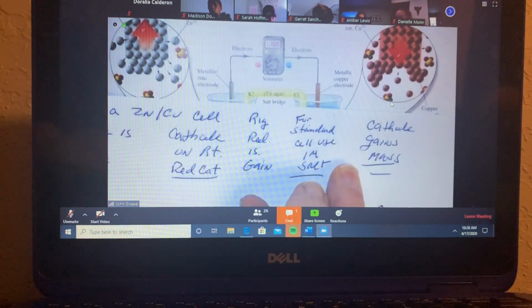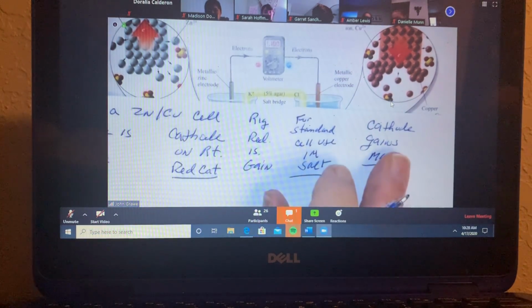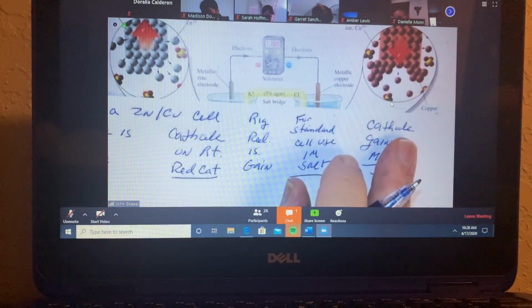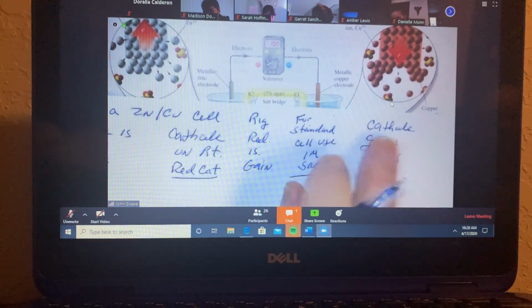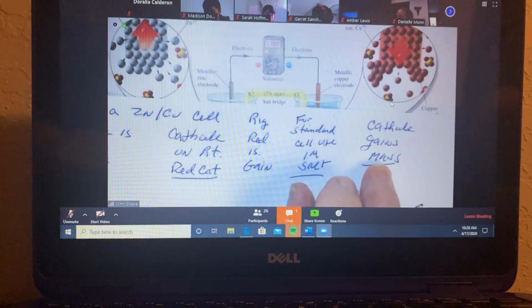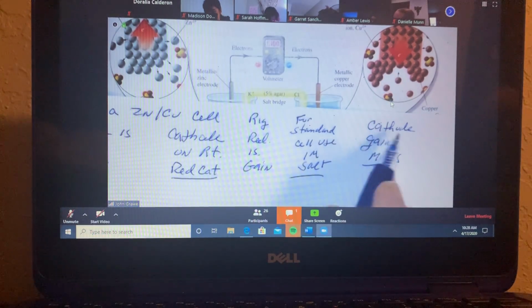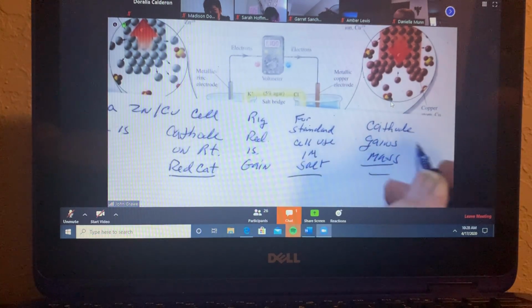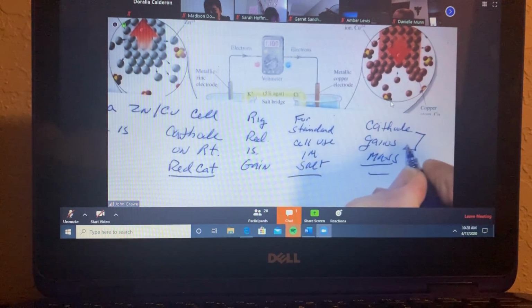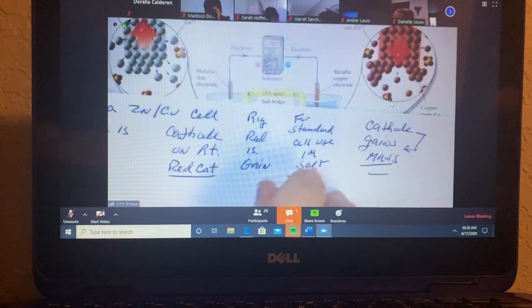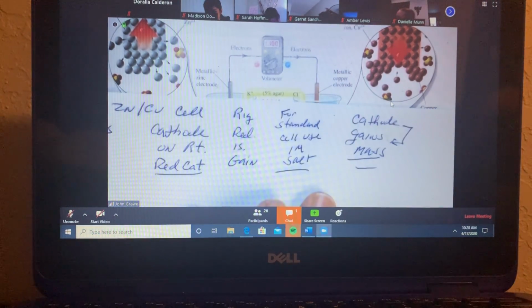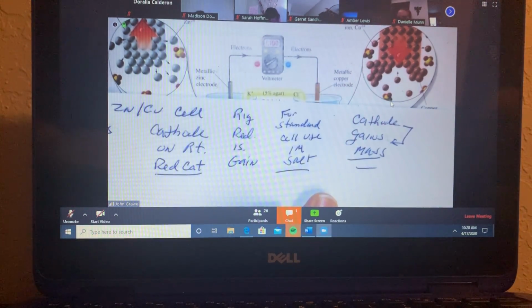That's part of the given in a problem. If you hear that copper as an electrode is gaining mass, that's got to imply that it is a cathode. Those things go together. So that's in the given.